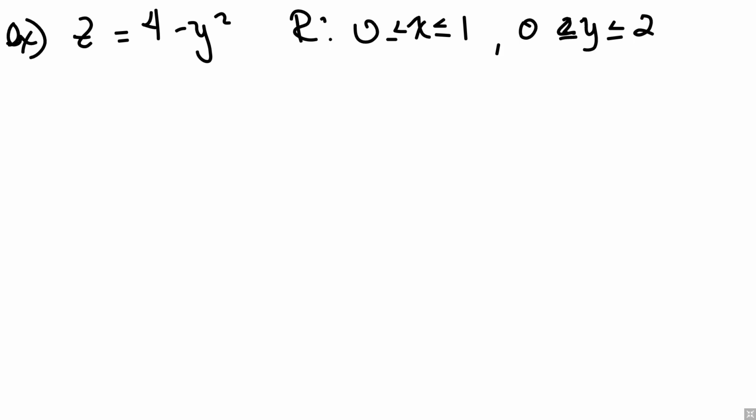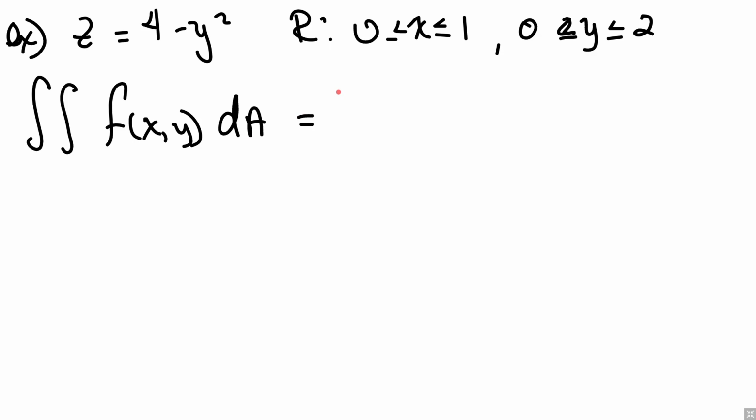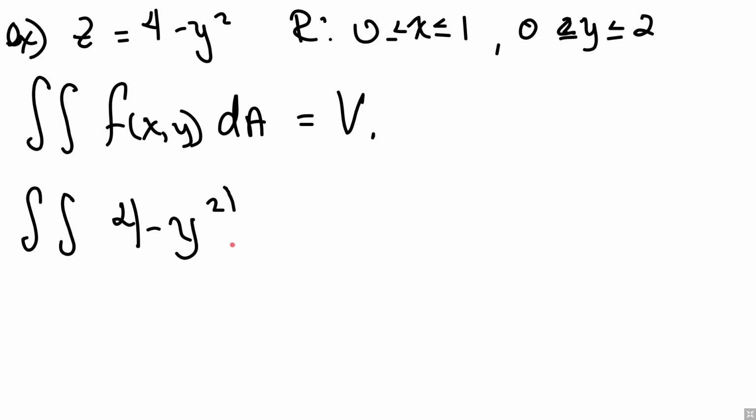All right, so for the volume, we don't have to do anything fancy. If you take the double integral of a function, this is volume. So if you take the double integral of a function, you're finding volume. So what we're going to do is set up our double integral, with our function defined as 4 minus y squared.